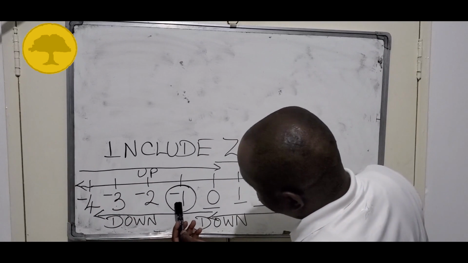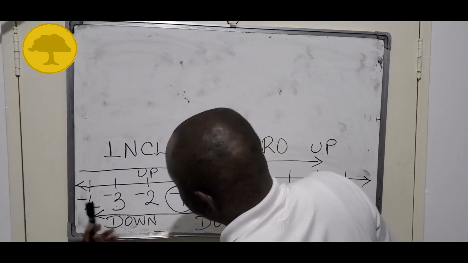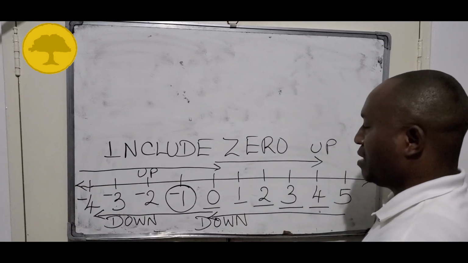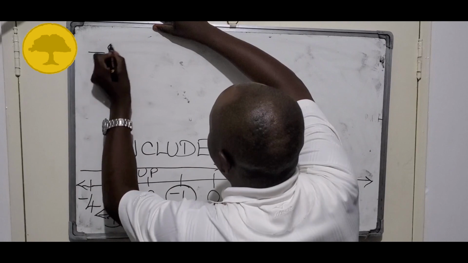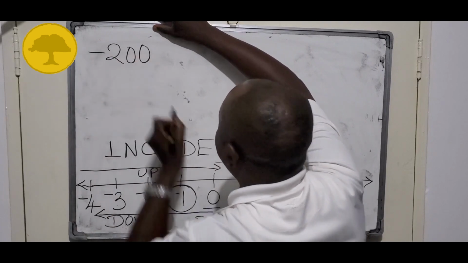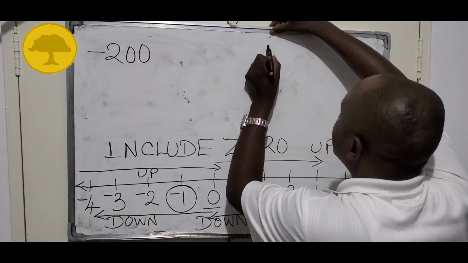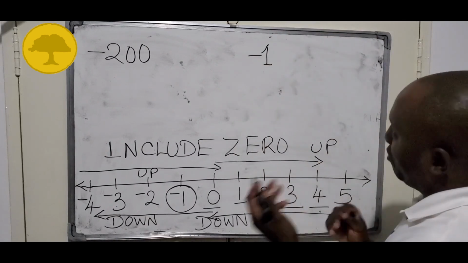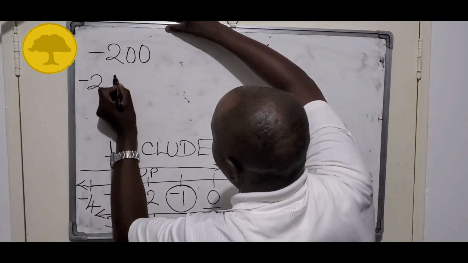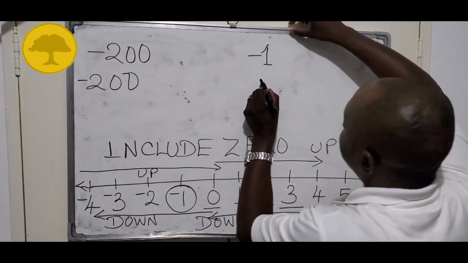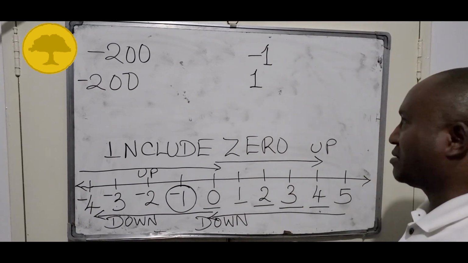You'll discover that -1 is greater than -4. What this simply means, you can have a -200, but this -200 is smaller than the simple -1.